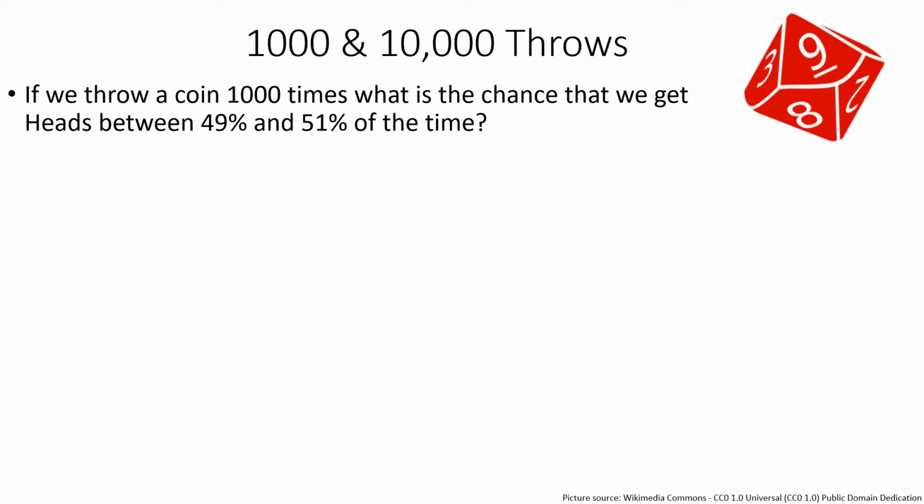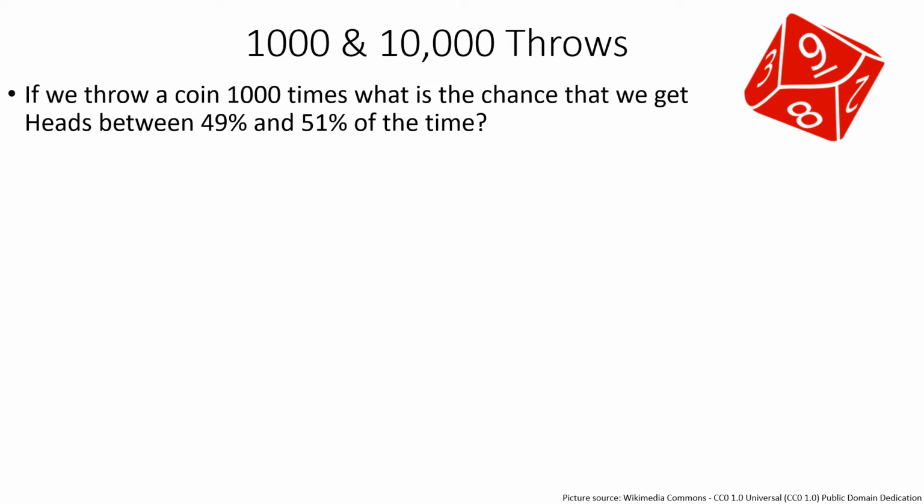Supposing we had 1,000 throws, and we can look at 10,000 throws as well. Obviously this is way too big a number to use the factorials, so we're going to use Stirling's approximation, and we ask ourselves, what's the chance we get about half and half?